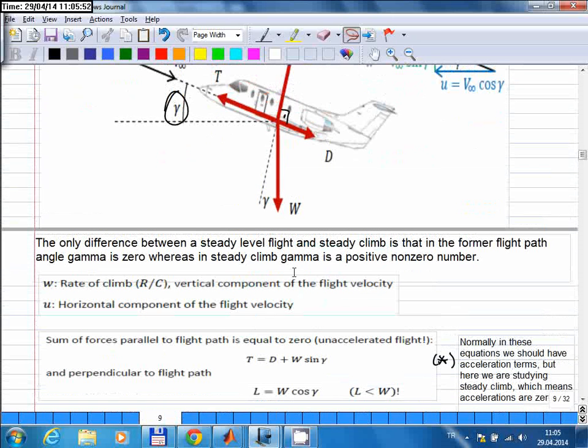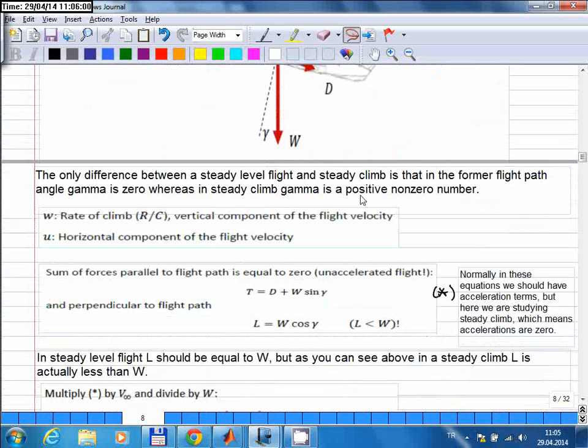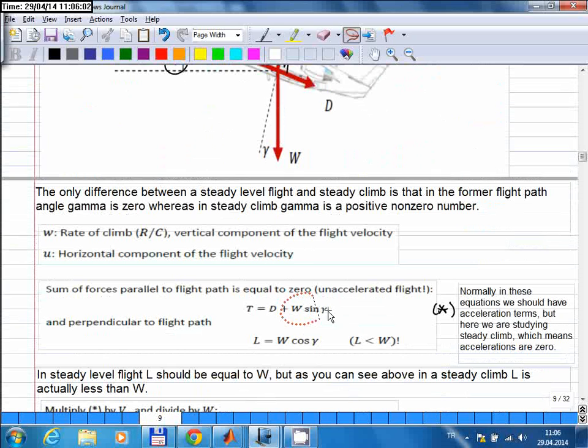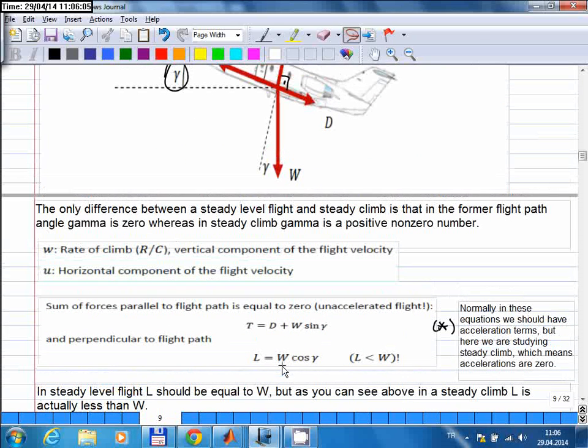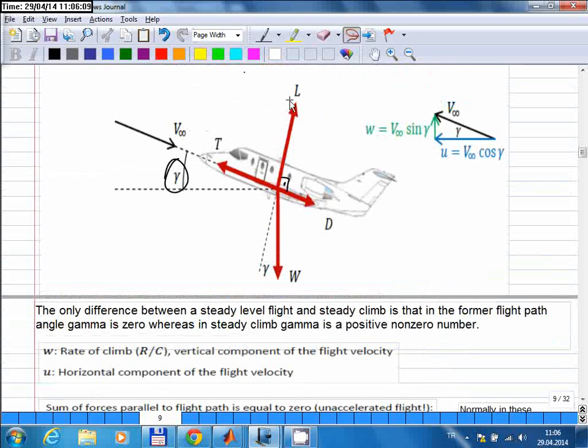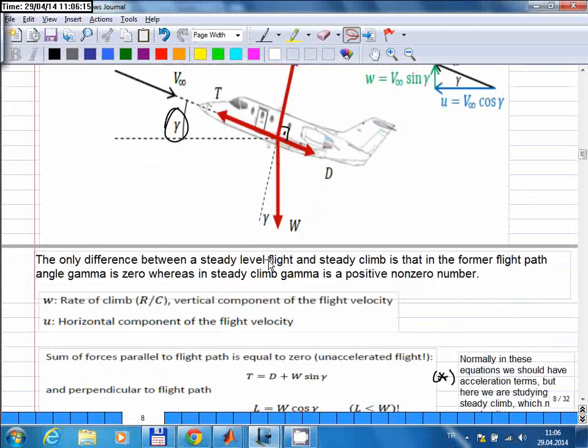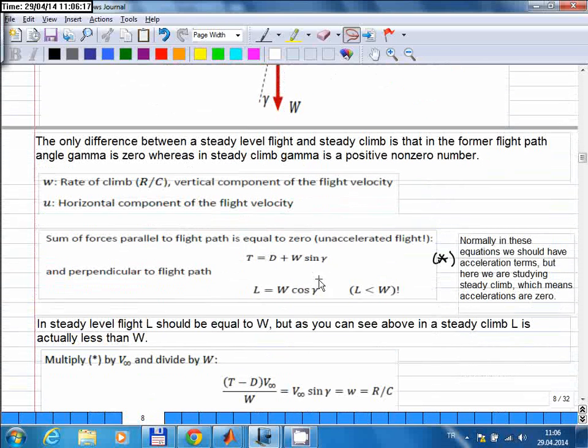So in this axis you have the thrust force and the drag force, but in addition the weight of the aircraft has some component along that axis, so that brings you this term. And in the other axis you have the lift force, and thrust and drag have no component in that axis, but weight has obviously a component there, and that's given by W times cosine gamma.